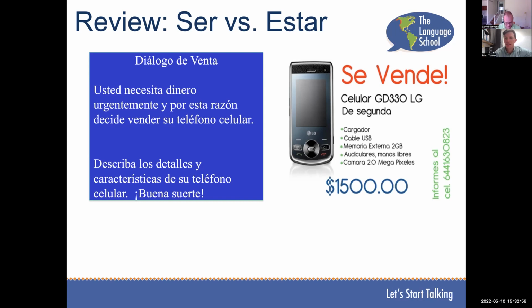Yo vendo. Tú, te vendo. Usted me vende a mí. Sí. So describe el teléfono. Ajá.